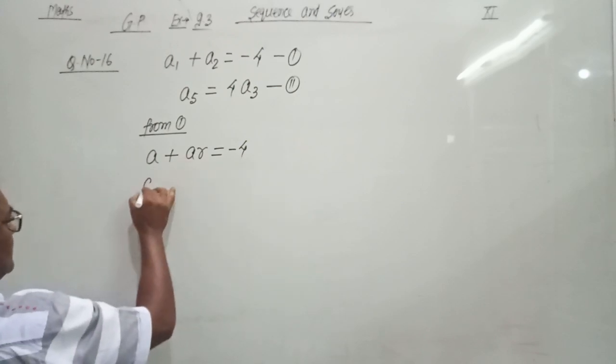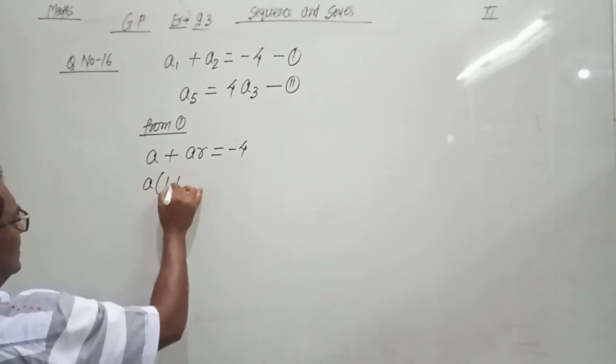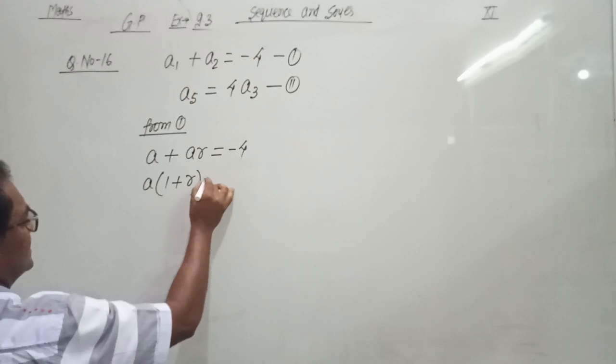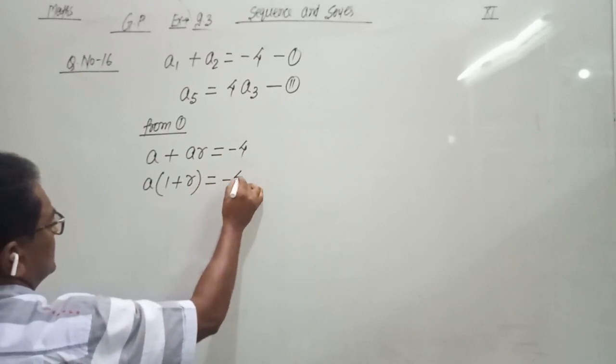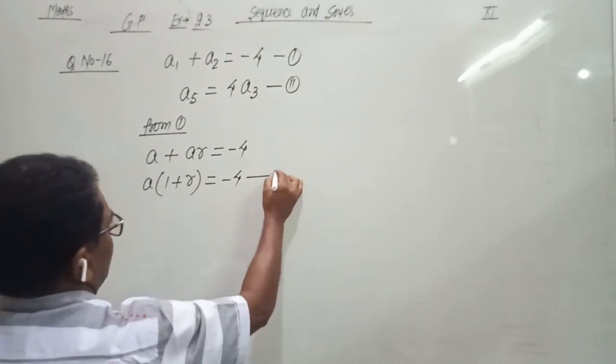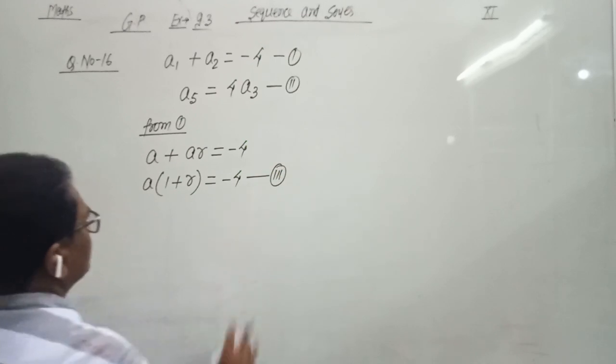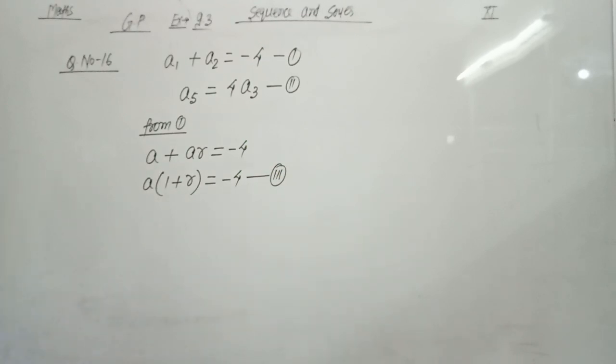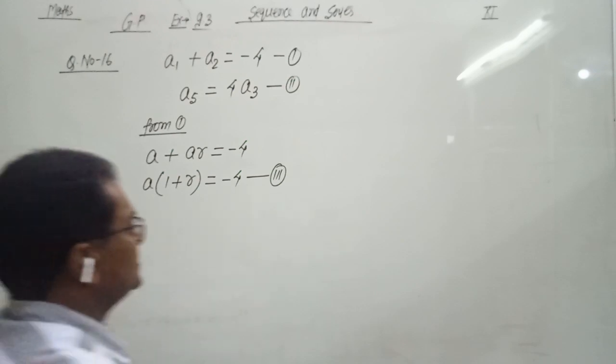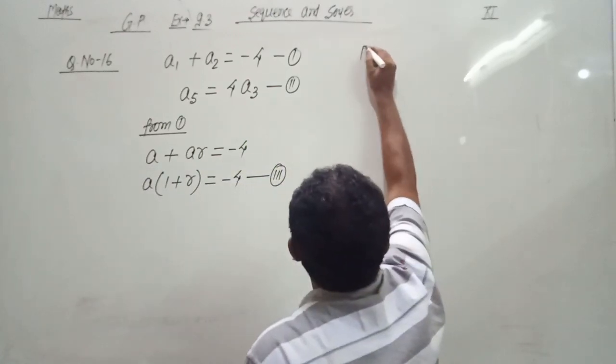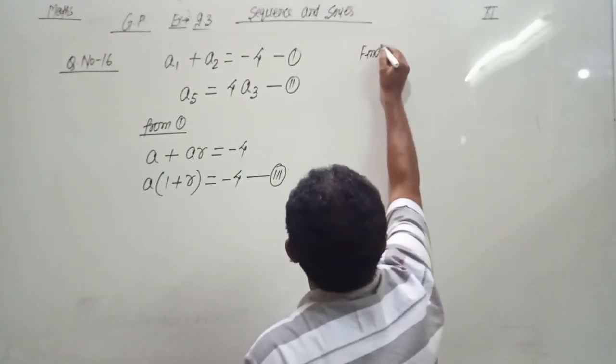From these two terms, A is common, so we get A into 1 plus R equals -4. Call it the first equation. And we have to find the GP.